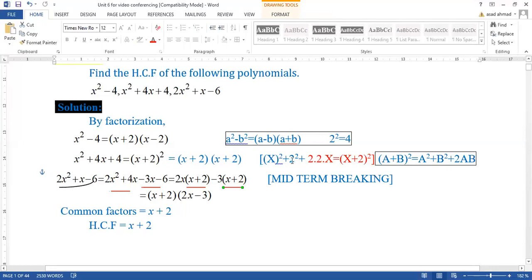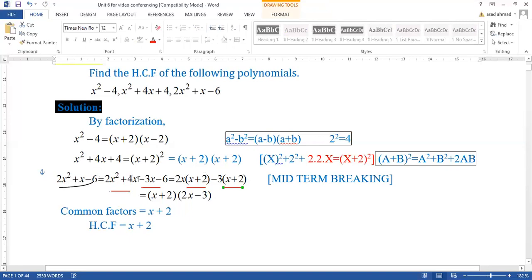It is converted into the square of the sum of two terms, and then further split into two multiples, x plus 2 and x plus 2. In the third part, we have used a midterm breaking pattern because every part is different. So in this way, we have done the midterm breaking for the factorization.